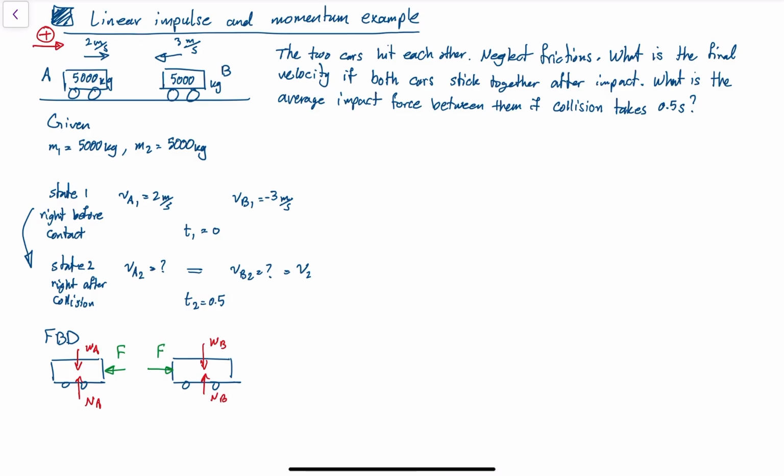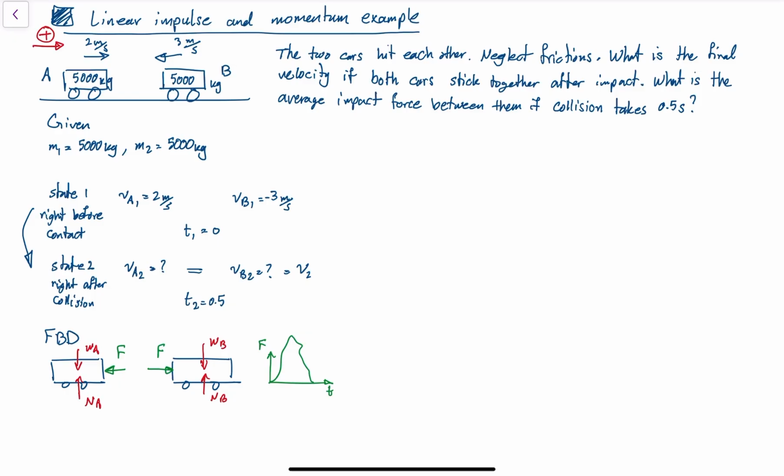And this force is actually likely quite complex. So we don't know the value of it, but if I want to draw F as a function of time, likely it will look like some complicated profile like this. It starts from 0 when there is no contact.